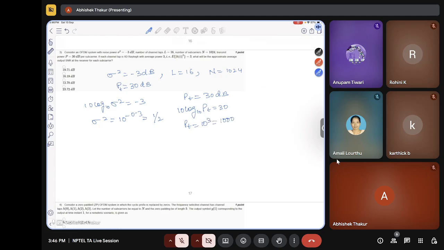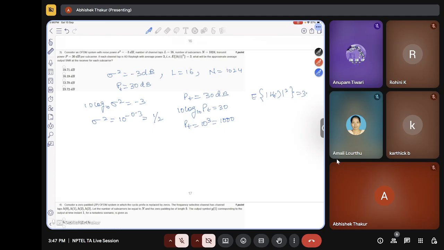So transmit power is 1000. Expectation of mod of H_l squared is given as 3. So we have to find the average output SNR.